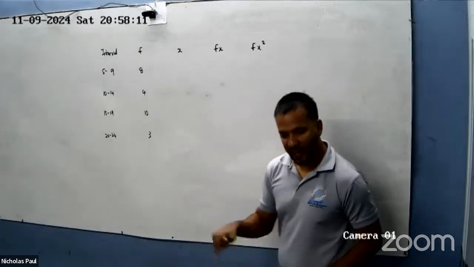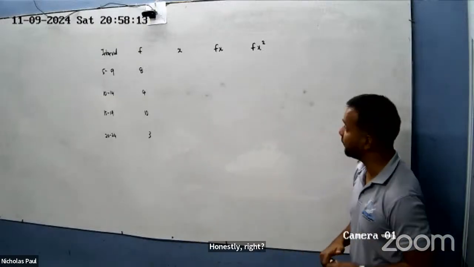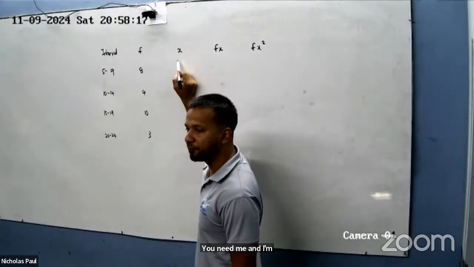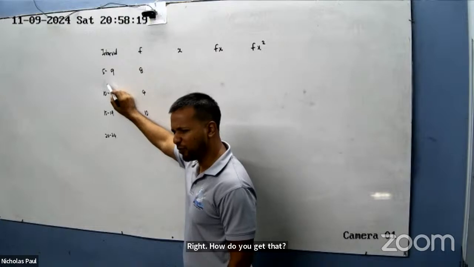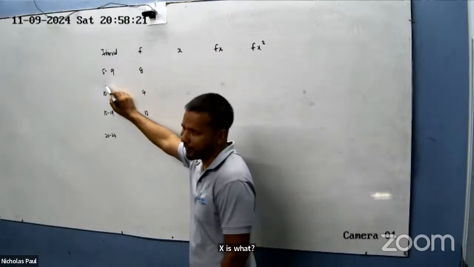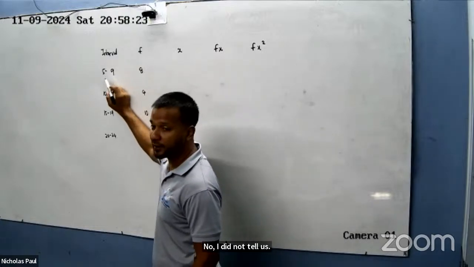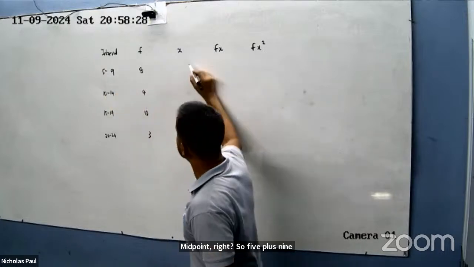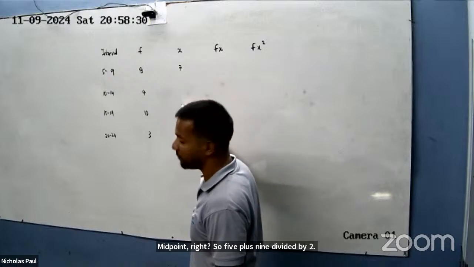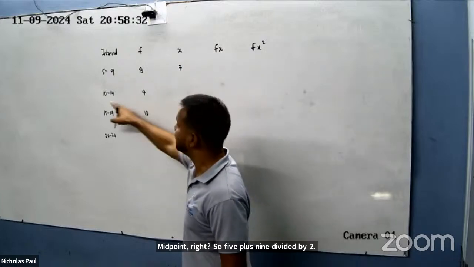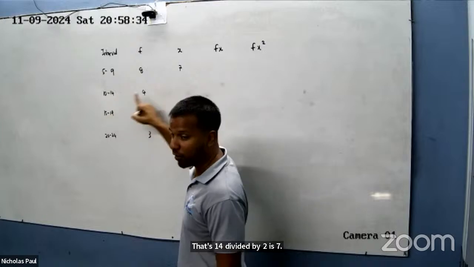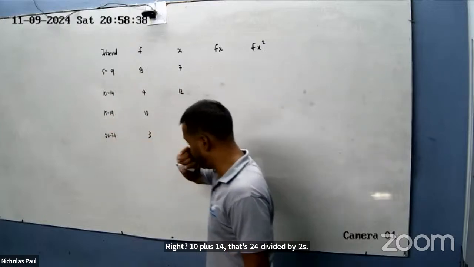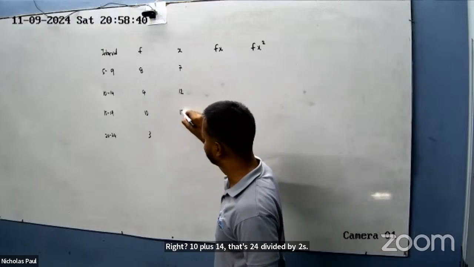You need the mean and standard deviation, right? How do you get x? x is not 12. It's the midpoint. So 5 plus 9 divided by 2, that's 14 divided by 2 is 7. 10 plus 14, that's 24 divided by 2 is 12. 15 plus 19, that's 34 divided by 2 is 17.